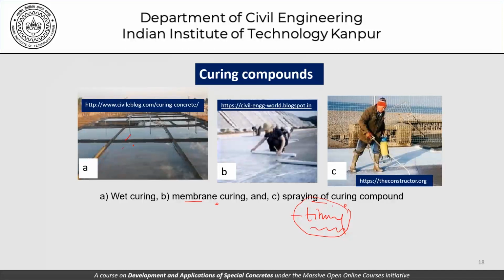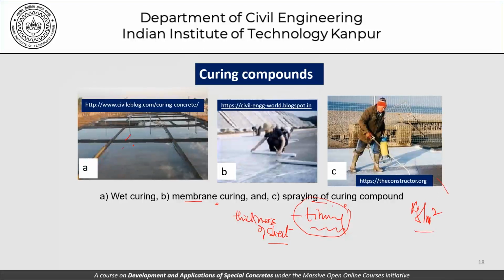When it comes to the curing compound, you can see the discussion that we just had about the kgs per square meter. That's the amount of curing compound being spread on the surface of concrete. That's a relevant parameter here. Similarly here, a relevant parameter could be the thickness of the sheet, because if the sheet is too thick, it will become very heavy and more expensive. If it's too thin, it will be damaged, and so on.